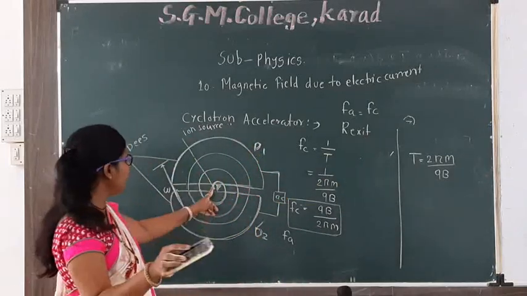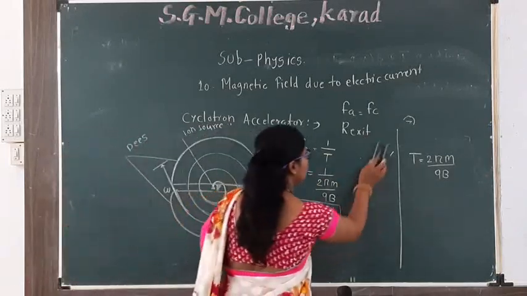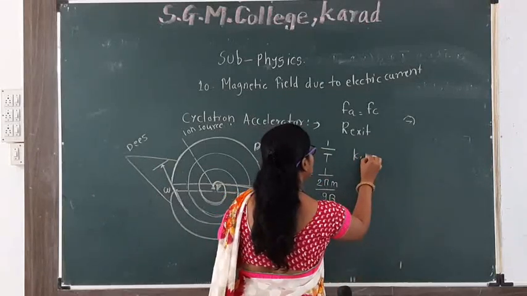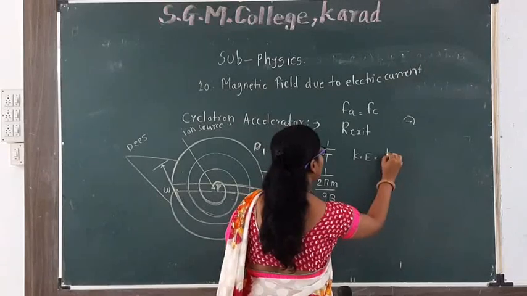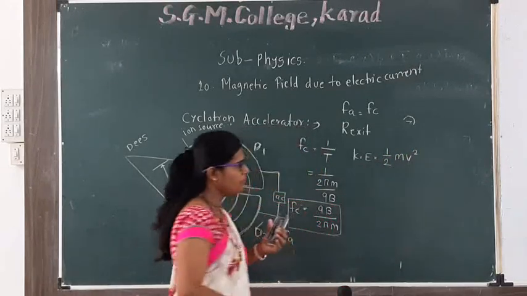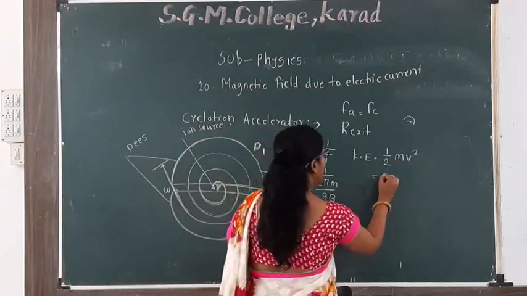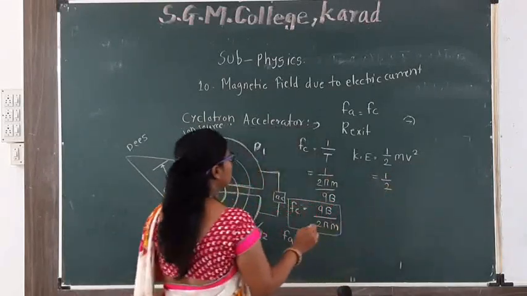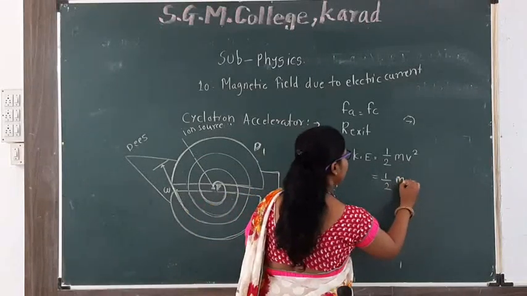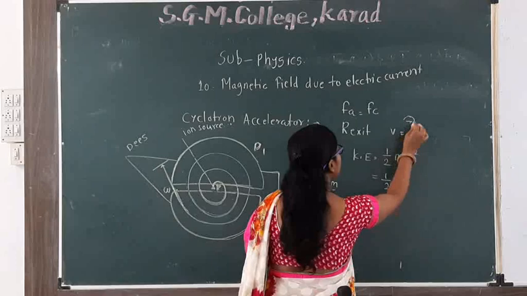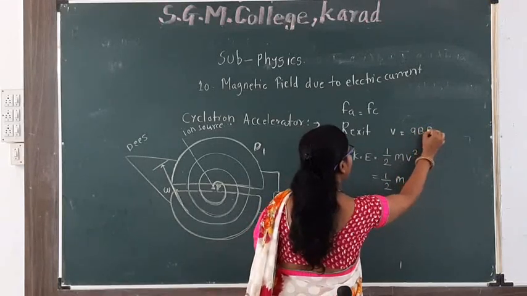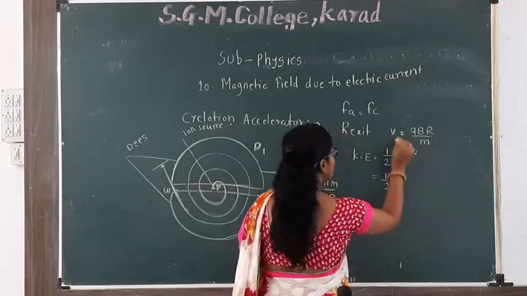Therefore, the kinetic energy is equal to, as all of you know, 1/2 mv square. Now v is equal to QBR upon m, from the last equation.